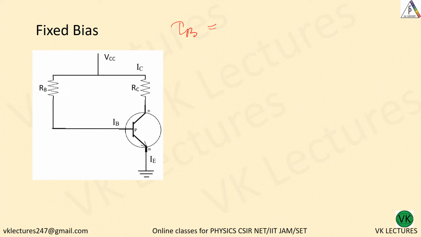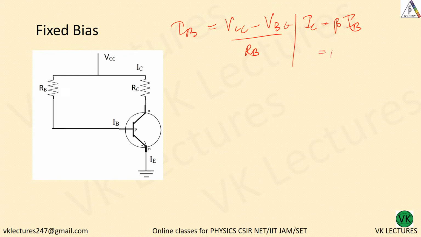IB is equal to VCC minus VBE divided by RB, right? And what is IC? IC is nothing but beta times IB. So that will be equal to beta into VCC minus VBE divided by RB. That's it.